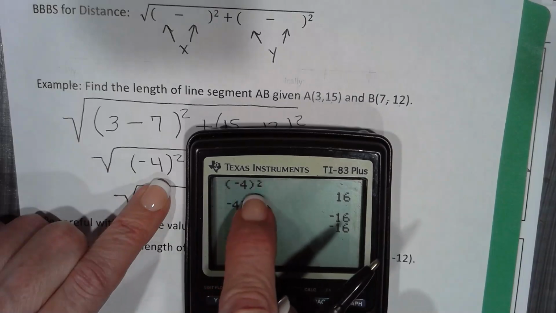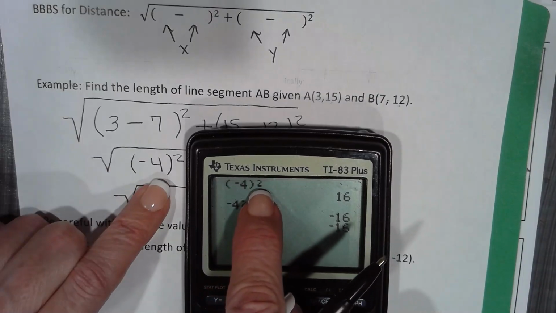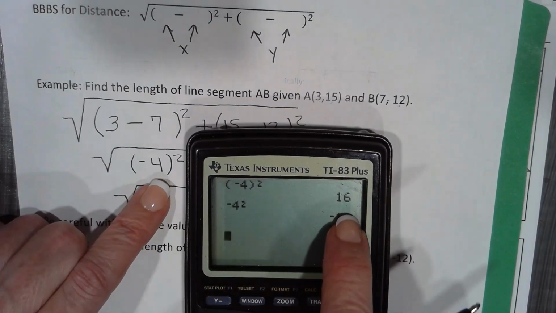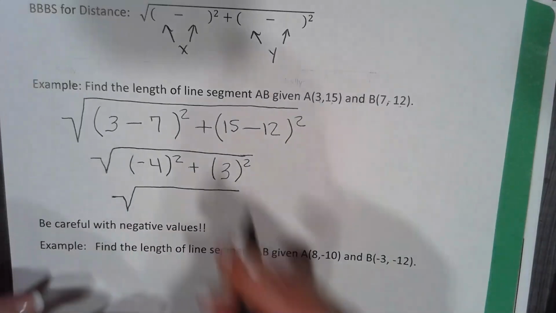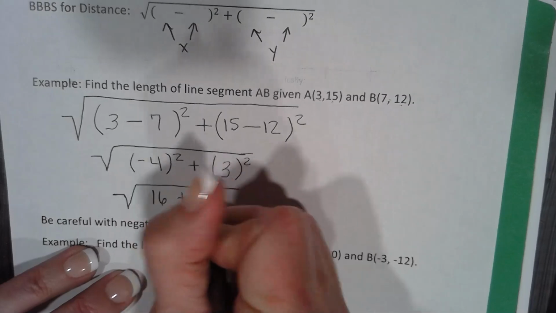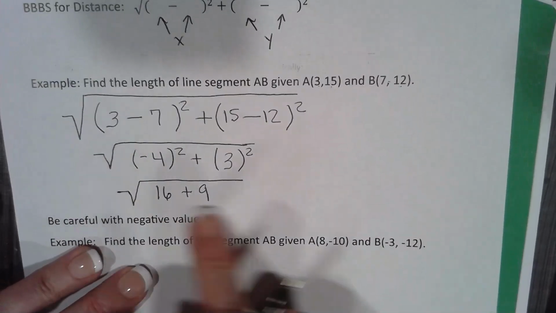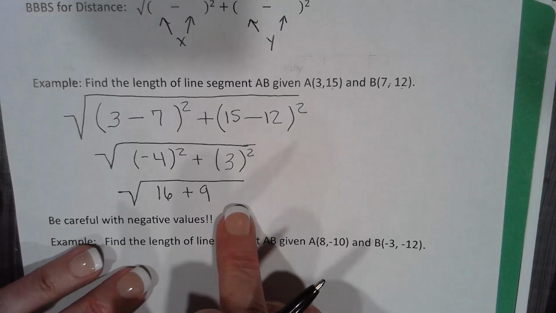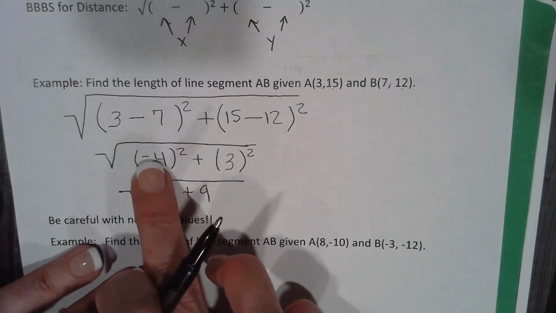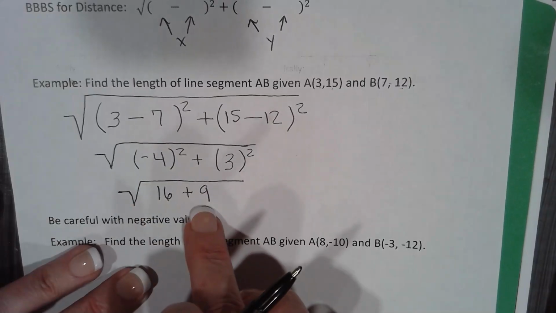If you put it in parentheses, you are literally telling it that you want negative 4 times negative 4. Should be positive 16. So now we've got 16. 3 squared is 9. Notice, on this line, nothing should be negative, because whenever you square a negative number, it's positive.